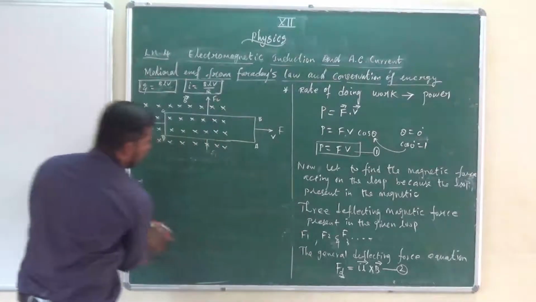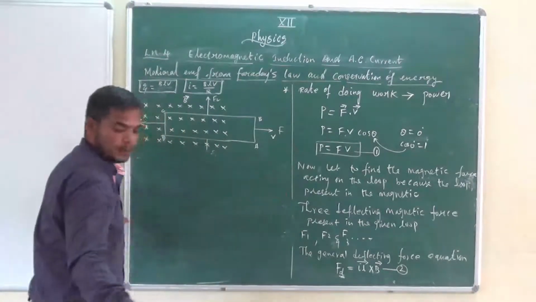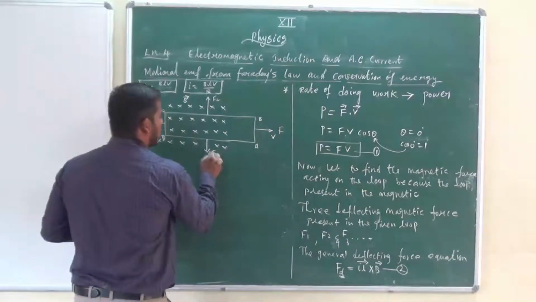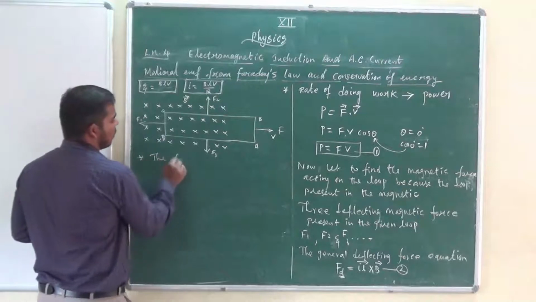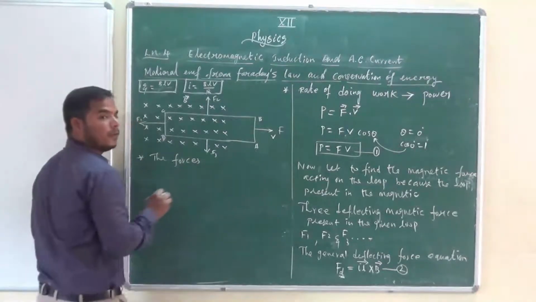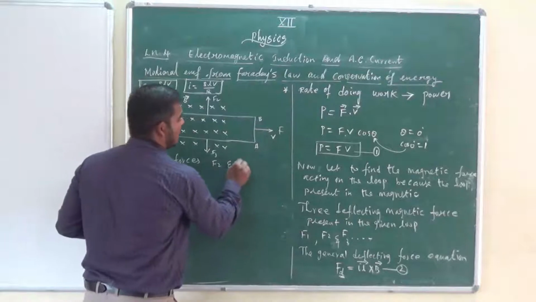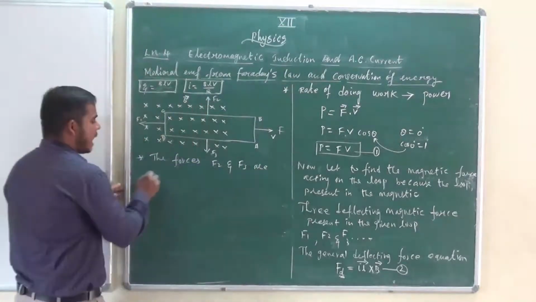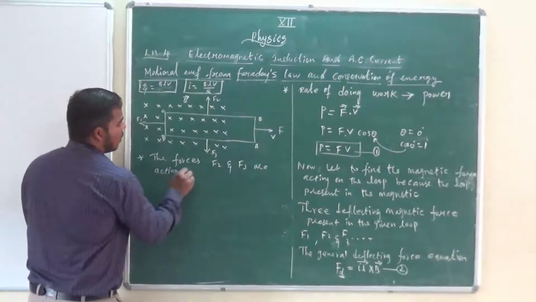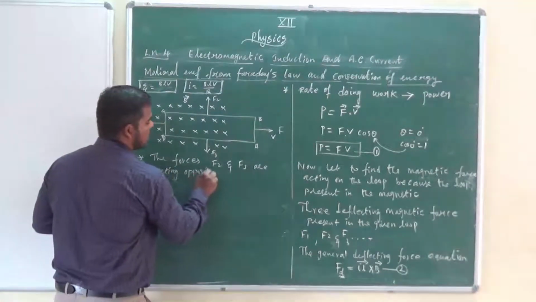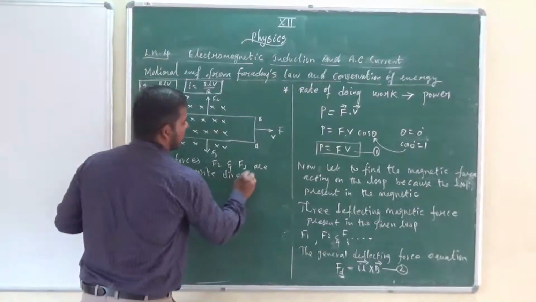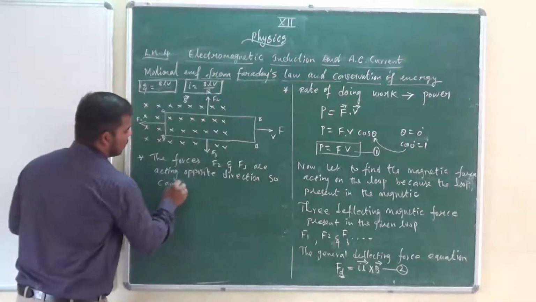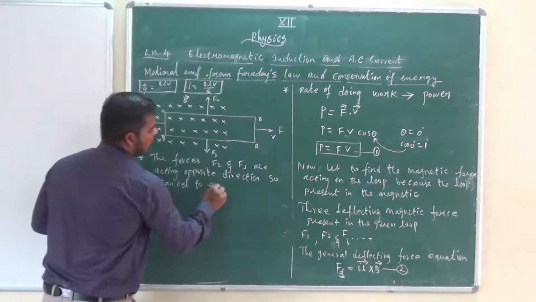See the diagram on the board. The forces F2 and F3 are acting in opposite directions with equal magnitude, so they cancel each other.